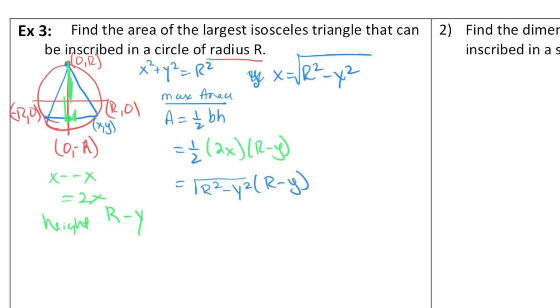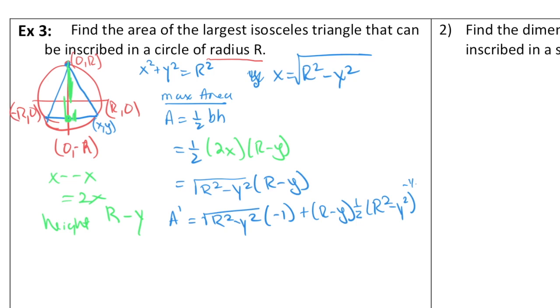Okay, so product rule. Here we go. We have A prime equals, first, the square root of r squared minus y squared, times the derivative of the second, plus the second, which is your r minus y, times the derivative of the first. Using that chain rule, 1/2 r squared minus y squared to the negative 1/2 times negative 2y, and that's negative 2y.